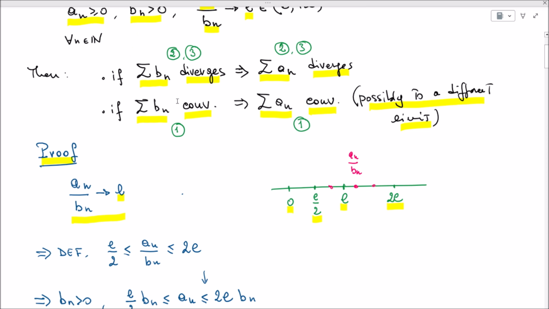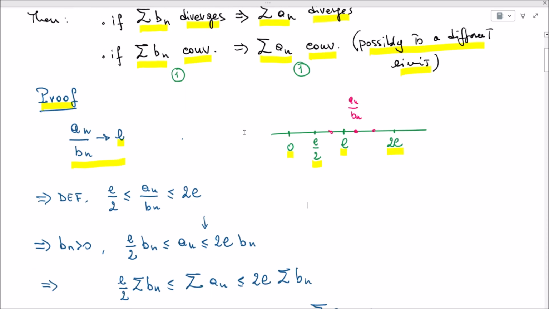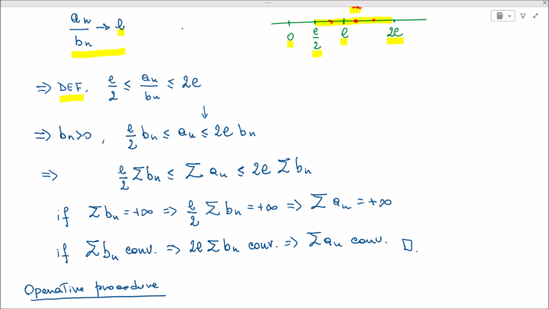Now, if An divided by Bn will converge to L, at some point we know that this ratio, An over Bn, will fall within this interval that goes from L divided by 2 to 2L. So we can say, saying that definitively An over Bn will be less than or equal to 2L and larger than or equal to L divided by 2.